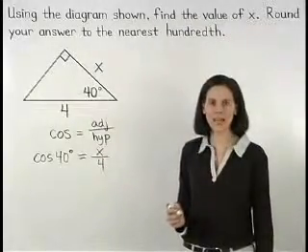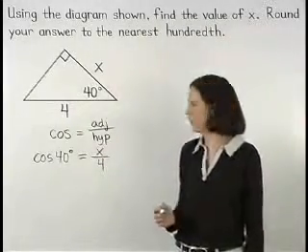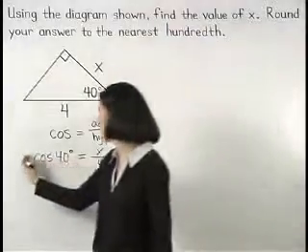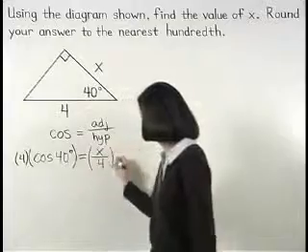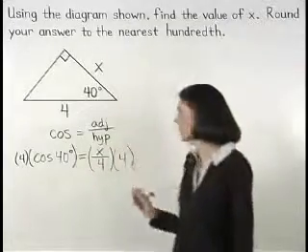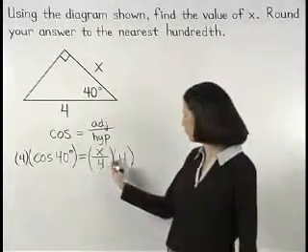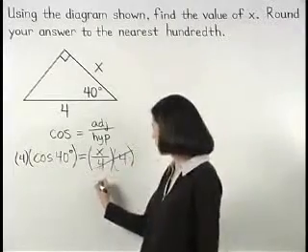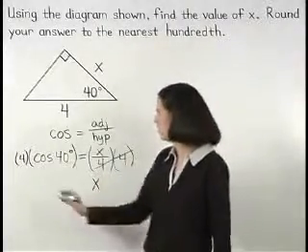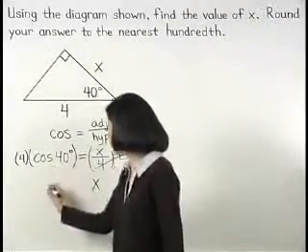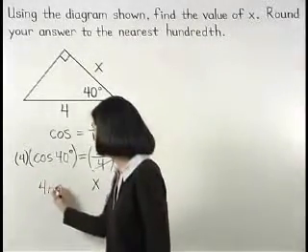Now, solving for x, we multiply both sides of the equation by 4. On the right side, the 4's cancel, and we're left with x. And on the left side, we have 4 times the cosine of 40 degrees.